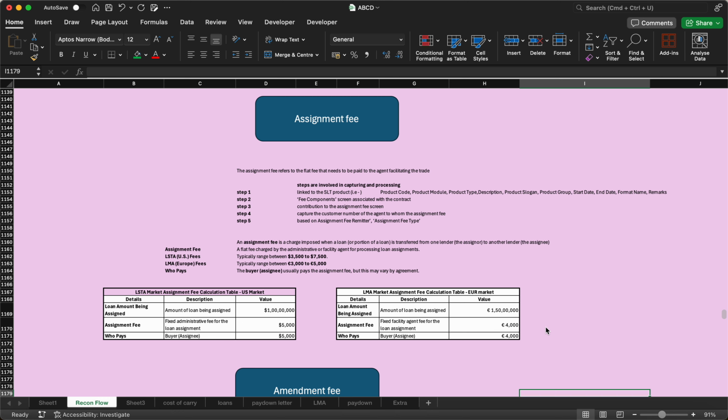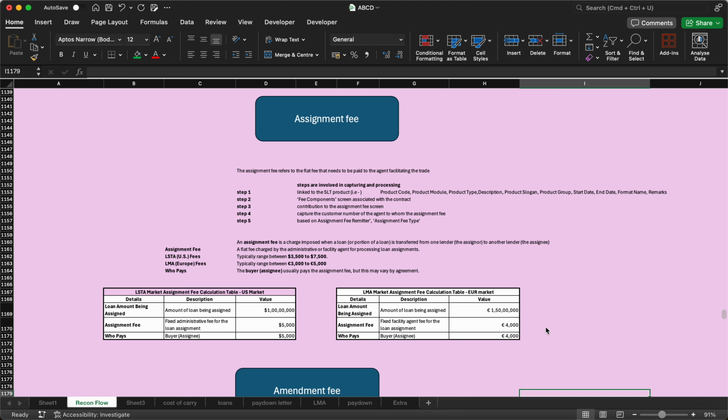According to the LSTA market, like the US market, or the LMA market, like the Europe market, the typical range will be 3,500 to 7,000 in dollars, and for LMA, like Europe, it will be 3,000 to 5,000. So who will pay the fee? The buyer or assignee usually pays the assignment fee, but it varies by the agreement.